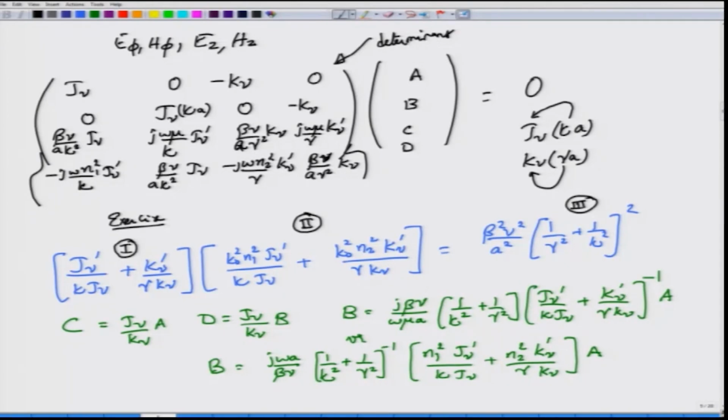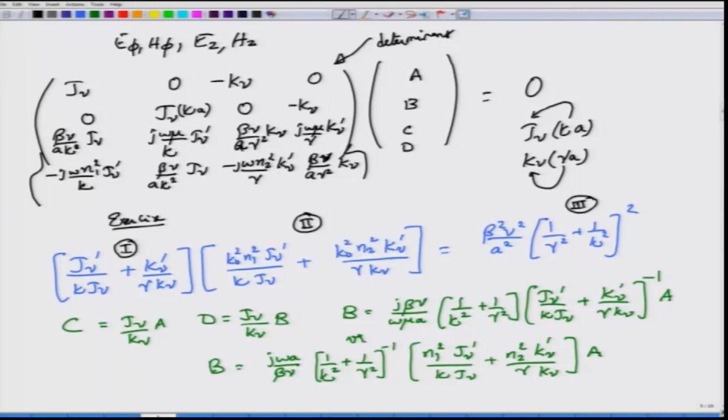If you look at term 1, you have the derivative of the Bessel function of order nu. Therefore you have J nu prime divided by kappa J nu, and similarly in the cladding you have the derivative K nu prime divided by gamma K nu.